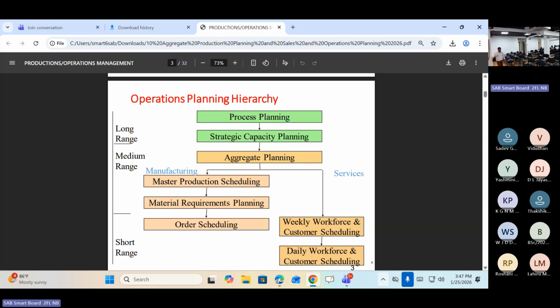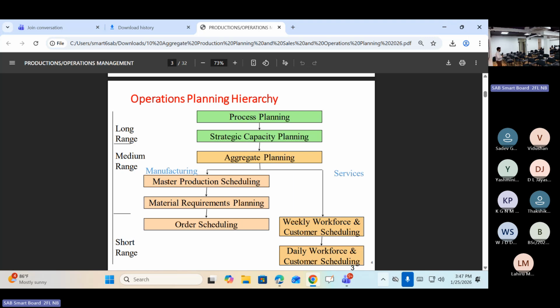Coming to the service industry, the way of production planning, in that case service operations planning, is a little different. There is not necessarily aggregate planning, but resource allocation of services is what we consider. Resource scheduling takes place according to the capacity constraints, and then they go straight to monthly and weekly workforce planning and customer scheduling.